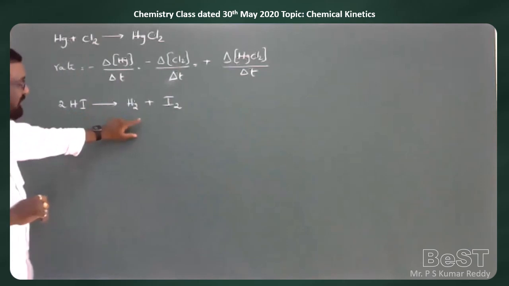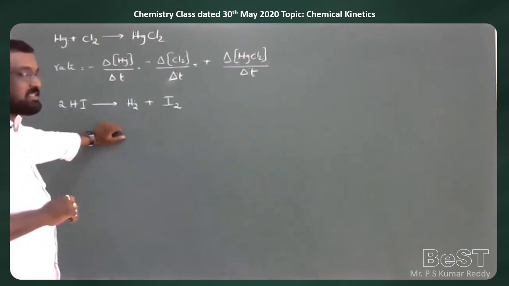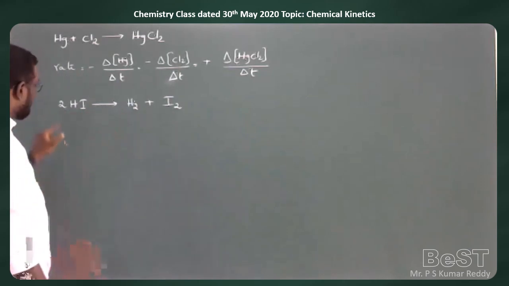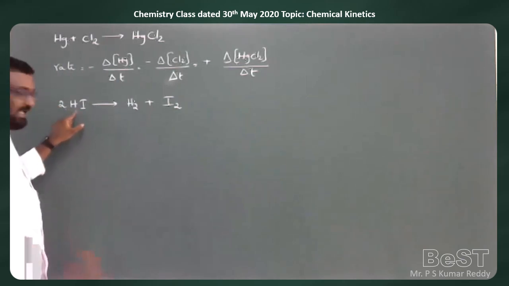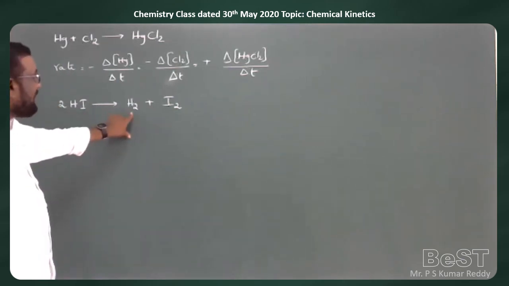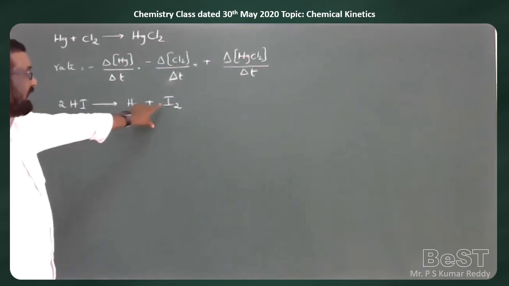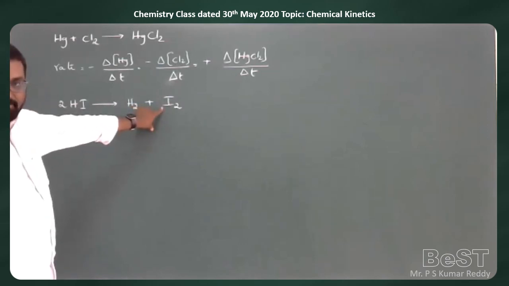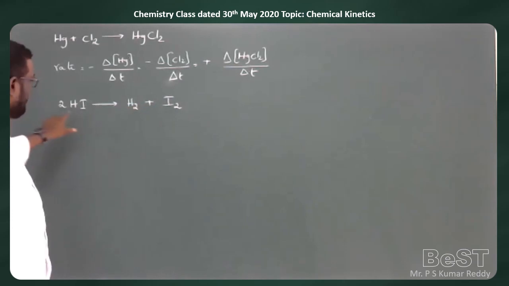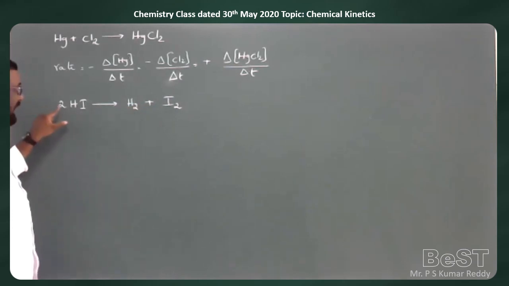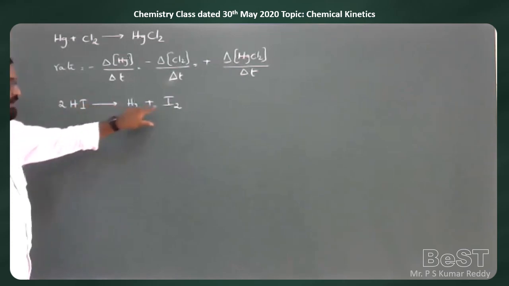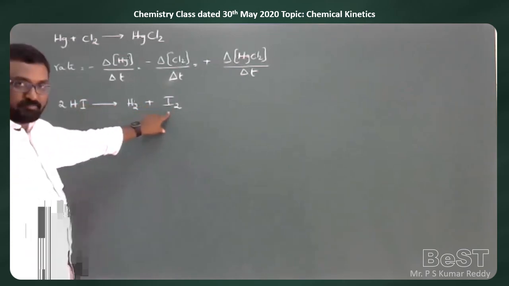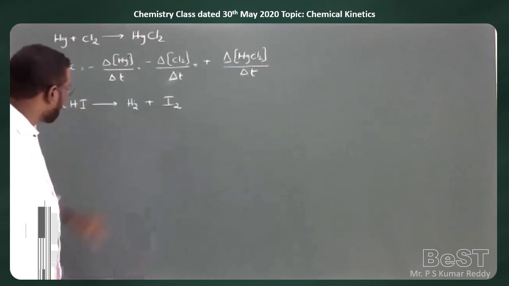What does this balanced chemical equation say? It says that when I take 2 moles of hydrogen iodide, it decomposes into 1 mole of hydrogen gas and 1 mole of iodine. It is a decomposition reaction.